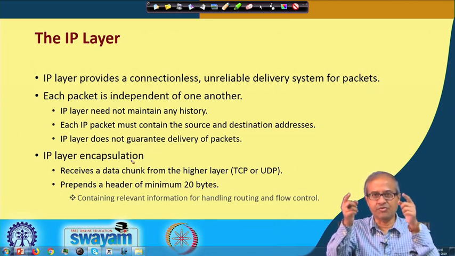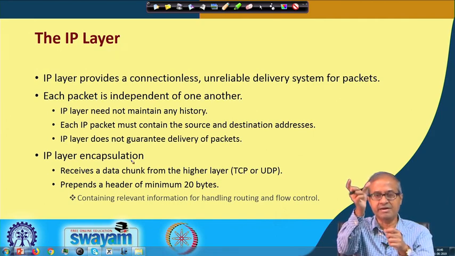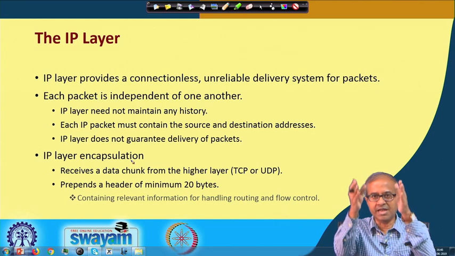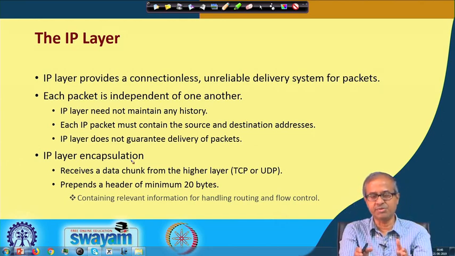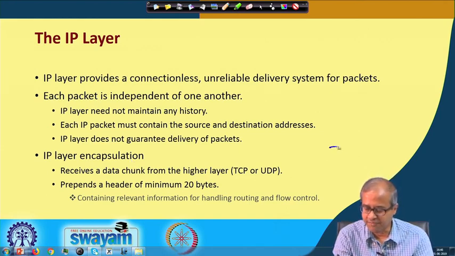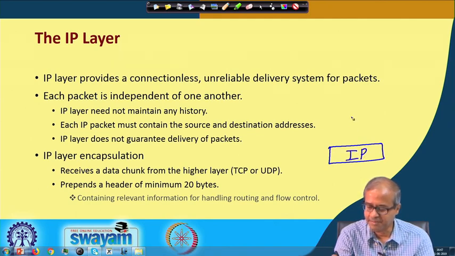We had seen that when a data chunk moves from the higher layer to the lower layers in the TCP/IP protocol stack, some headers get progressively added. Now, if you think of the IP layer, this is my IP layer and some data packet is coming to the IP layer, let us call it D. So, what will IP do?